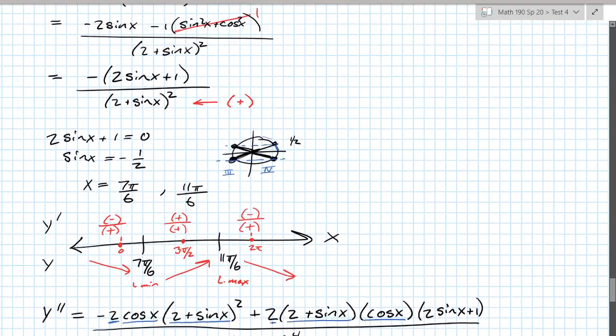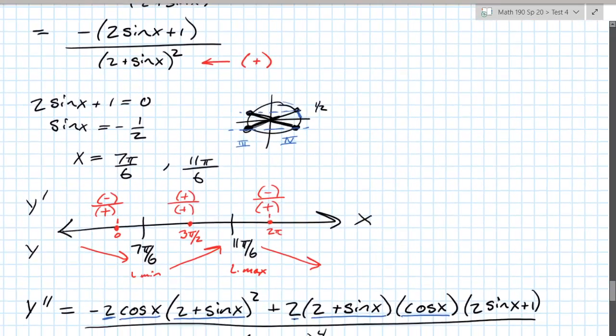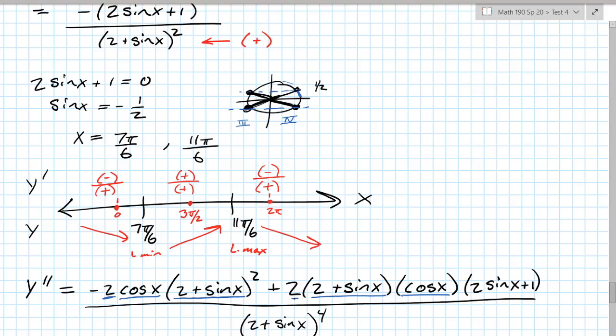Taking our derivative using the quotient rule, we have derivative of the top times the bottom minus the derivative of the bottom times the top. Notice that we have a negative in the top, so I'm going to make that positive. Also notice that we have an inside derivative, chain rule, from the derivative of the bottom.